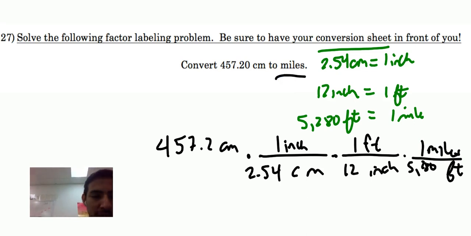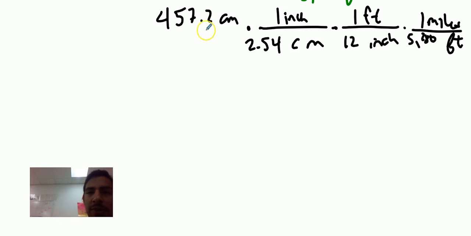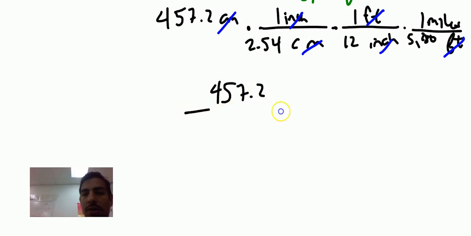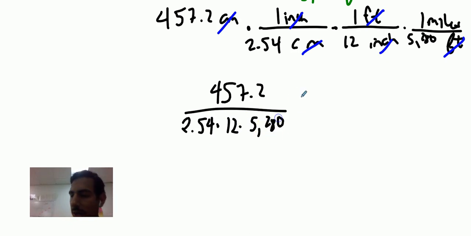And really all this translates into is multiplying the top and multiplying the bottom. So the units, first of all, cancel, except for miles. There's no miles on the bottom. That's what we want to be left with. And the numbers on top are 457.2 times 1 times 1 times 1, which is just 457.2. On the bottom, we got 2.54 times 12 times 5,280. Maybe somebody knows that.